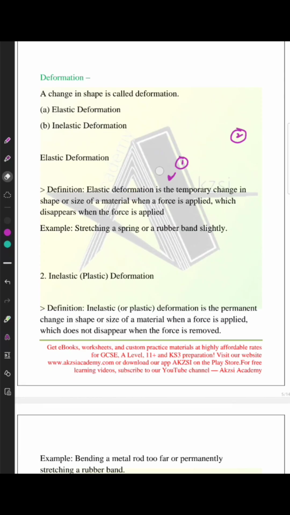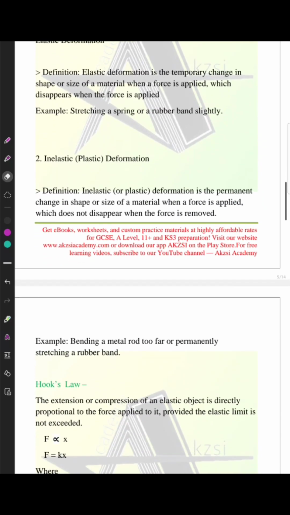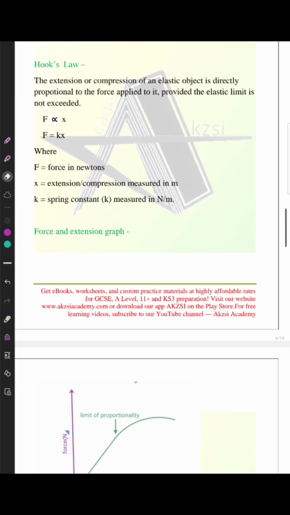Now moving on to our next topic, Hooke's law. As I told you, extension and compression we have already discussed. When you do so, the extension is directly proportional to the force. That means if you apply more force, obviously you will be able to extend it more.